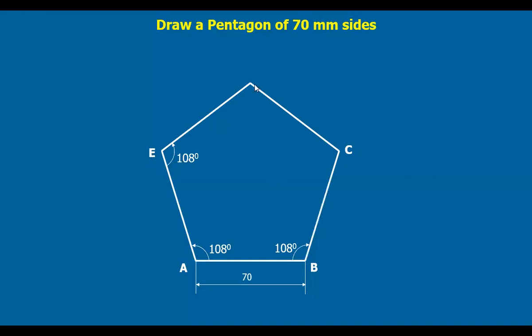Automatically, this must be the 70 mm that closes the polygon. So here the point is D. Even if you draw a line at 108 degrees to this line, that exactly should be 70 mm. So all the edges are 70 mm long, and this is the way of drawing a pentagon.